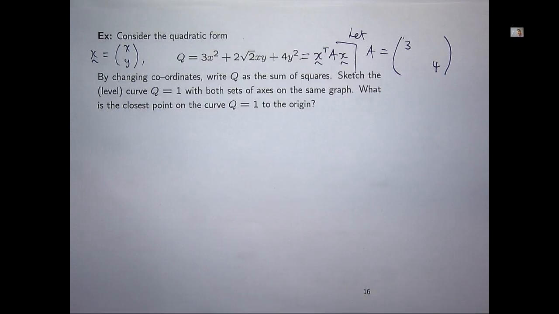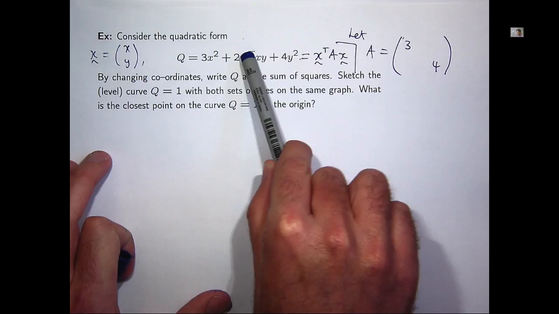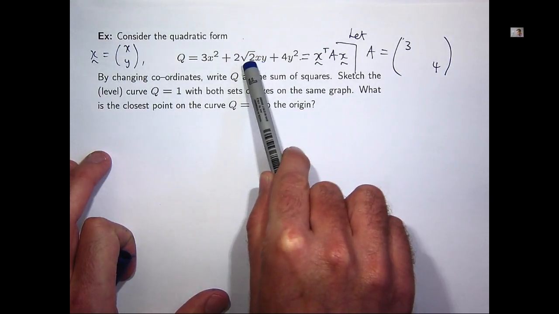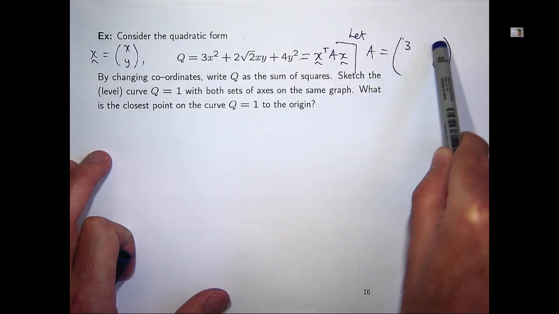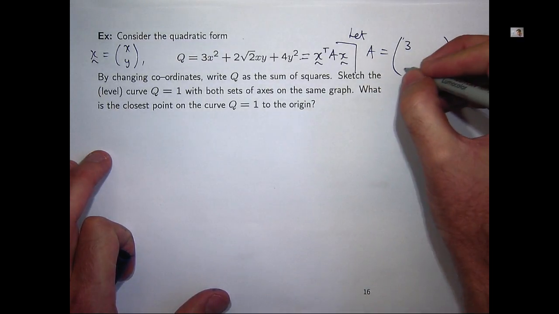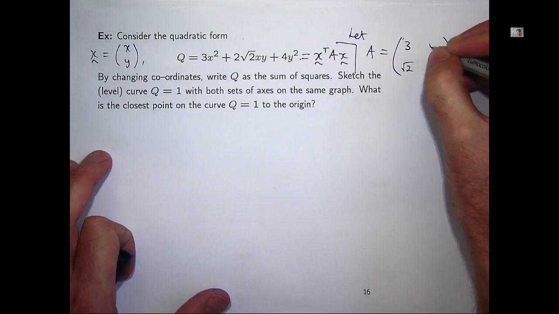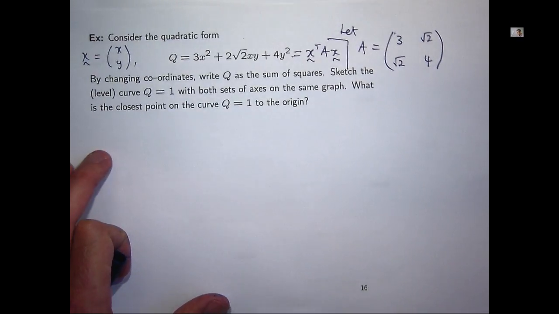Now, there's one other term that's left over in here. It's 2 root 2. So what I do is I take half of that coefficient and write it in the remaining positions.